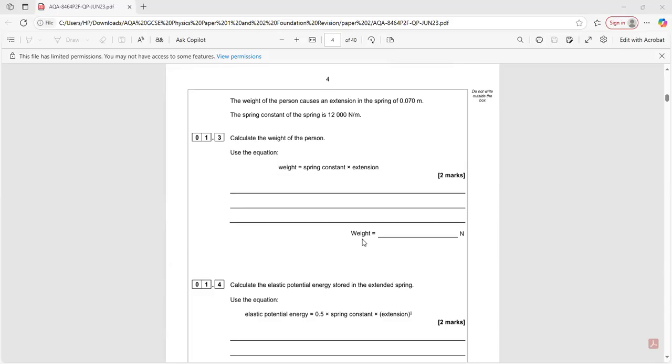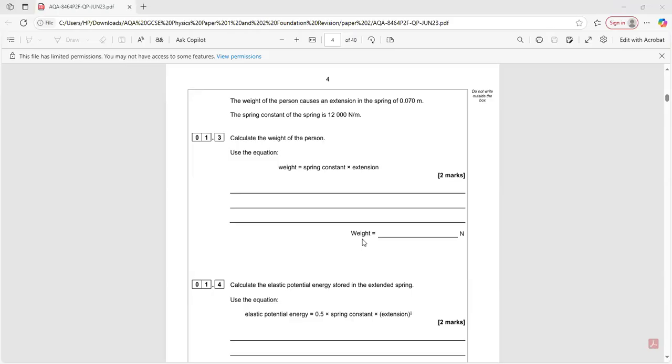The weight of the person causes an extension in the spring of 0.070 meter. So that's the extension. The spring constant of the spring is 12,000 Newton per meter. It now says calculate the weight of the person.